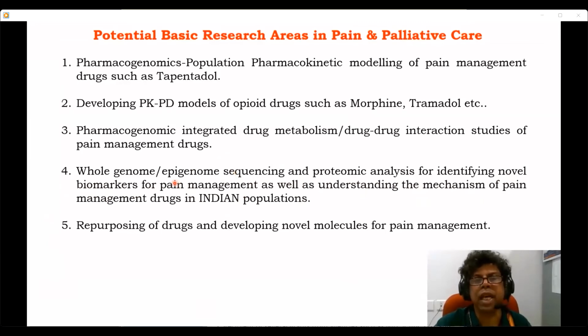Till 2018, we didn't have the mechanism to try in our population. I think there are a lot of opportunities in this area where we can do basic and translational research. And finally, repurposing of drugs and developing novel molecules for pain management. There are tons of drugs in the library. We have to screen and see which target you want to pursue in the research for pain management.